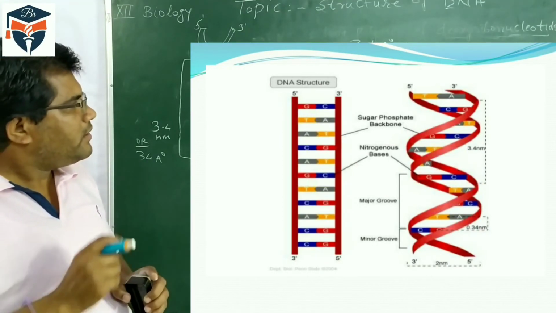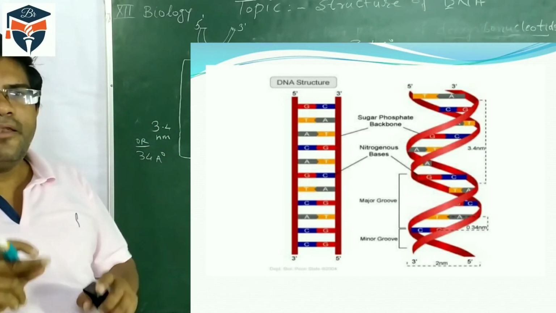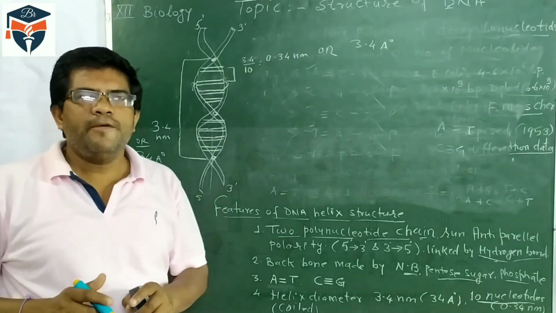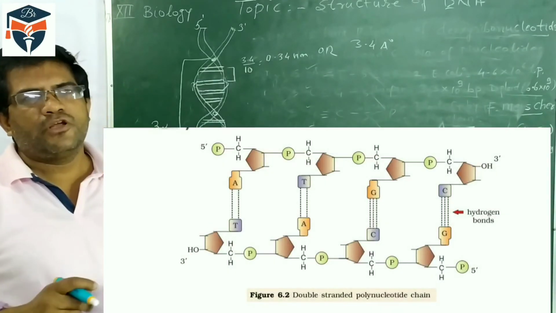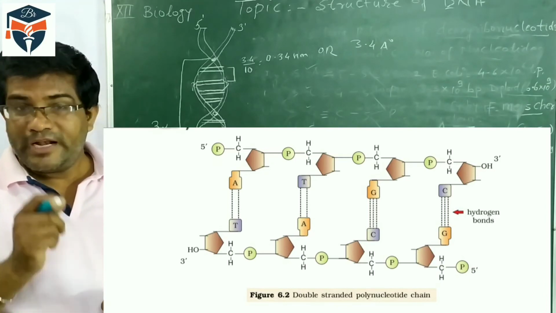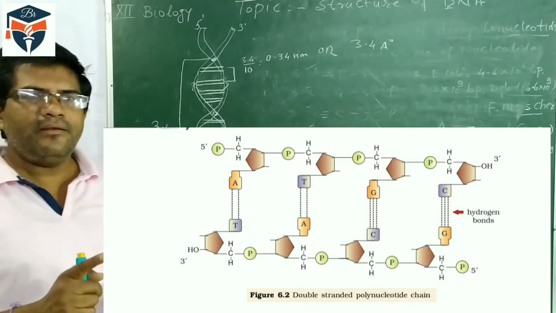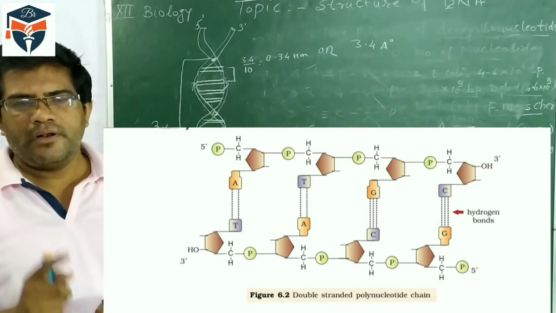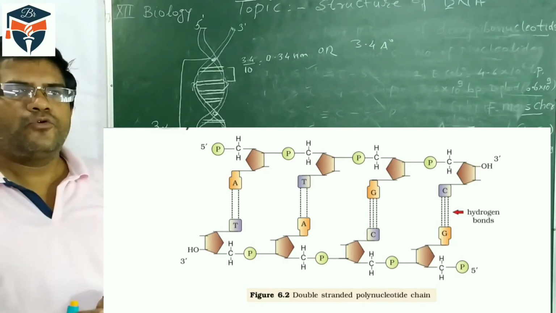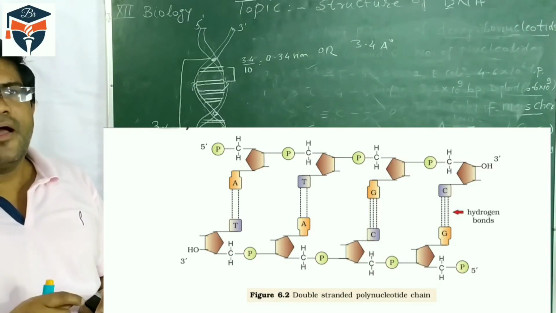The polarity is 5' to 3' and 3' to 5'. The basic structure of the DNA is made up of nitrogenous bases, pentose sugar and phosphate molecule. Adenine combines with thymine by a double hydrogen bond, and cytosine combines with guanine with a triple hydrogen bond.